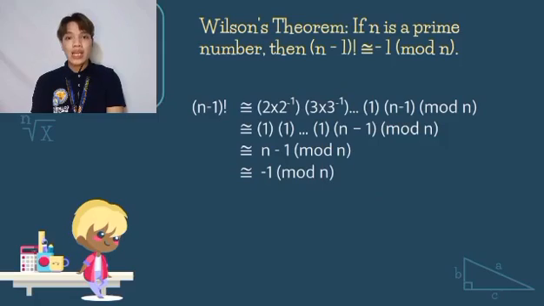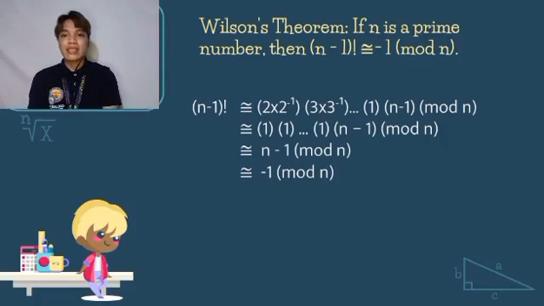So now, let's go back to (n-1)! is congruent to 2 multiplied by its inverse, which is 2 raised to -1, multiplied by 3 times its inverse 3 raised to -1, and so on, times 1 multiplied by n-1 mod n.